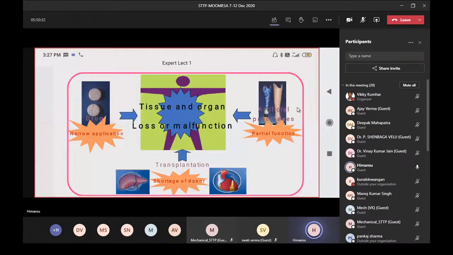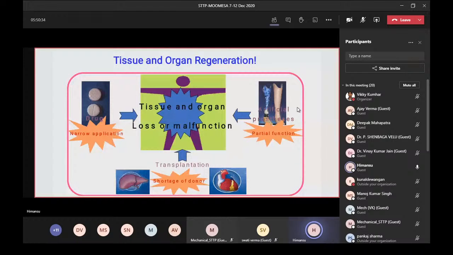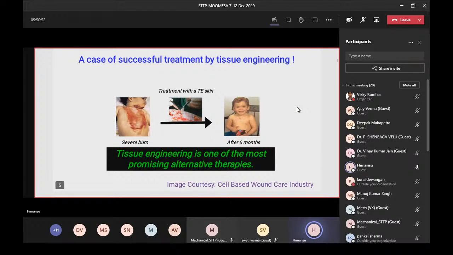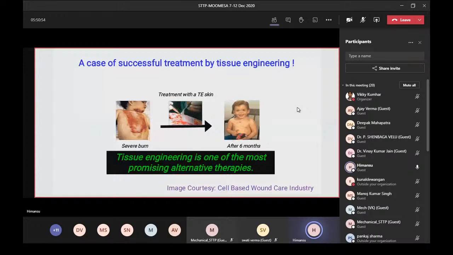So to resolve these issues, tissue engineering comes into the picture, where we need to engineer the tissues by means of materials, right? So through the materials, we need to design as well as engineer. Not only design, optimization is also a part. For example, if you see the second slide, a case of successful treatment by tissue engineering, you can see a newborn baby.